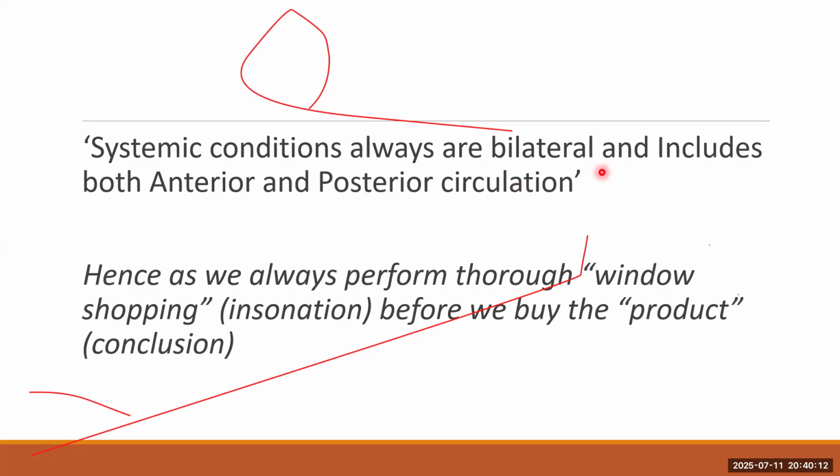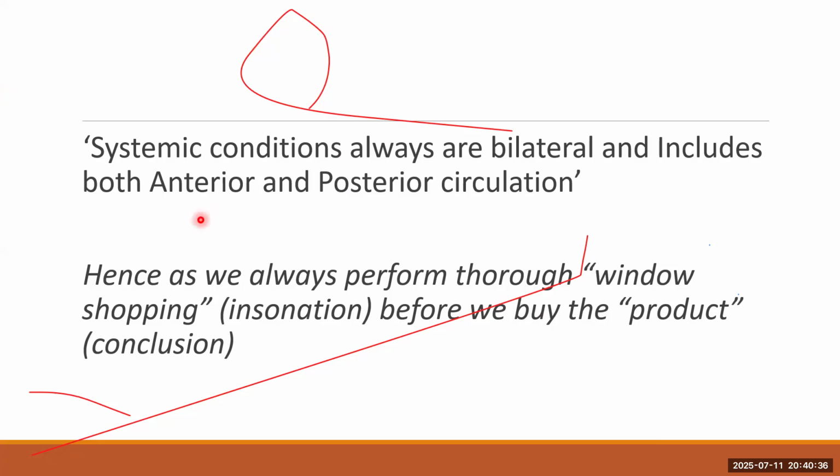For example, a patient with severe aortic stenosis will have high resistive waveforms in both the anterior and posterior circulation, whereas in focal anterior circulation stenosis, the high resistive waveforms are limited to the anterior circulation alone. The posterior circulation would be spared.